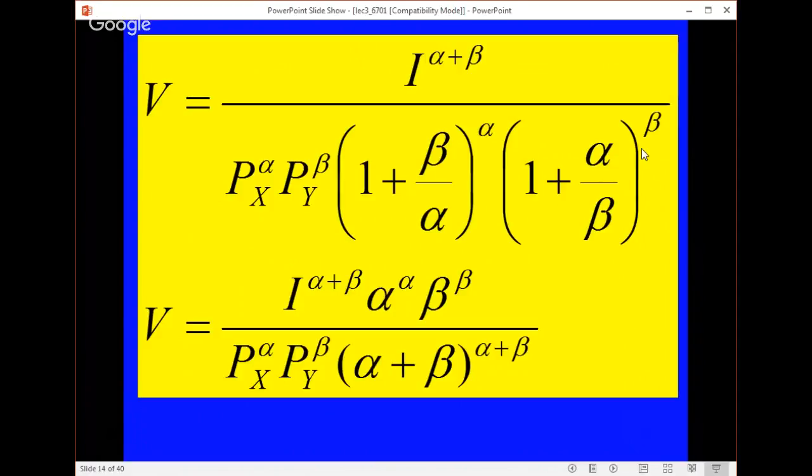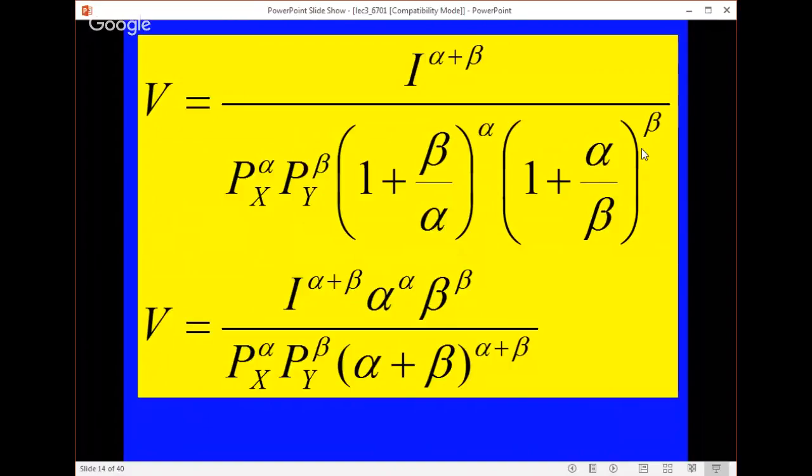let me just go through the step I'm missing. Would that be beta? Beta. And over there, I'm going to write that as alpha over alpha plus beta over alpha, to the alpha.